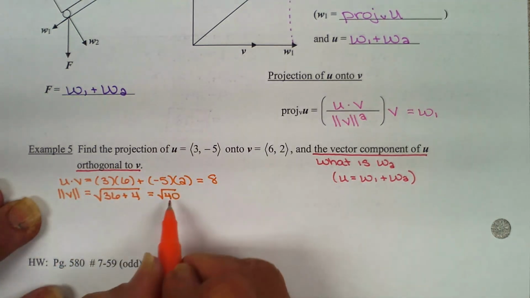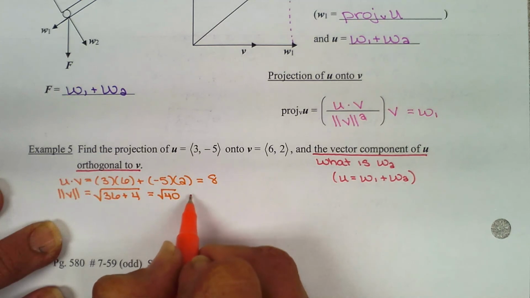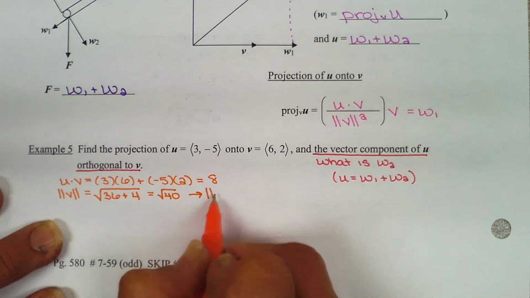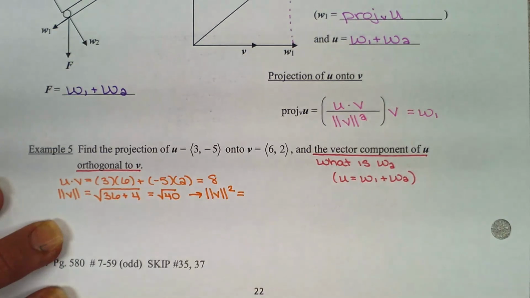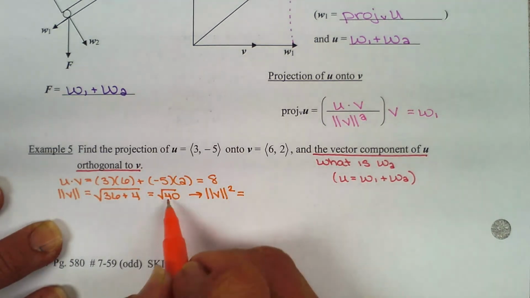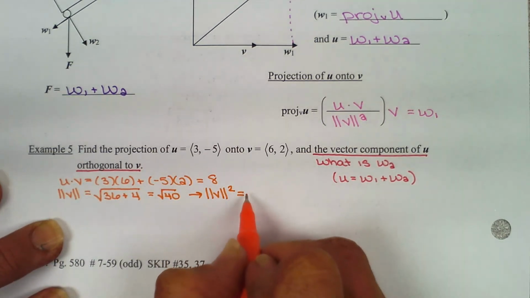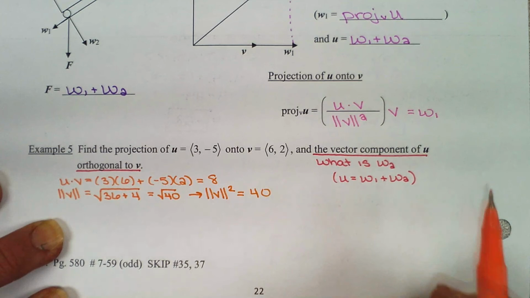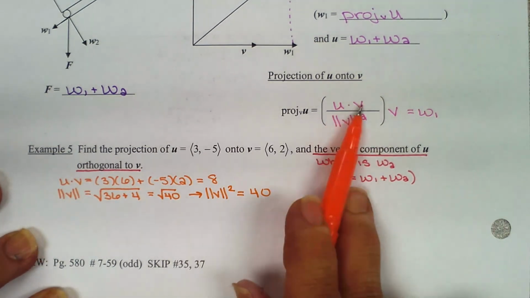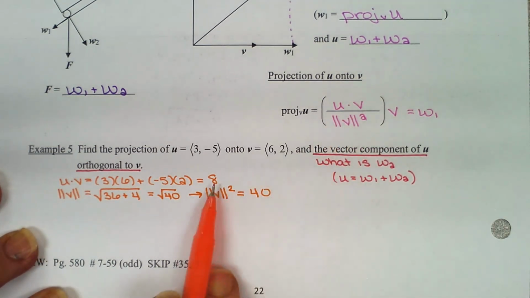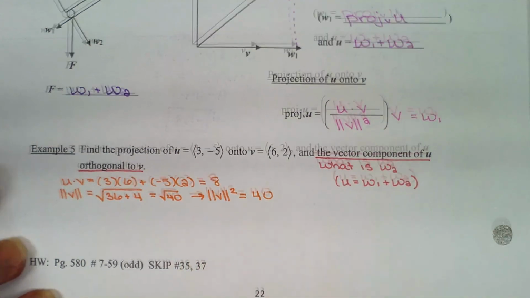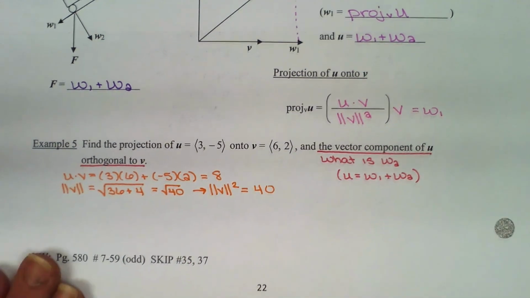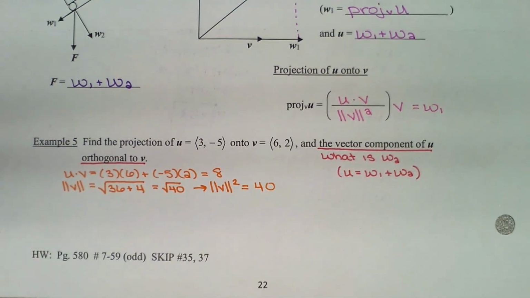But remember, don't break this down, because we actually need to take that magnitude of V and square it, because that's what we use in the formula. If I square the square root of 40, I just get 40. So U dot V over the magnitude of V squared is going to be 8 over 40. We can reduce that, since they both divide by 8, so that's really 1/5.